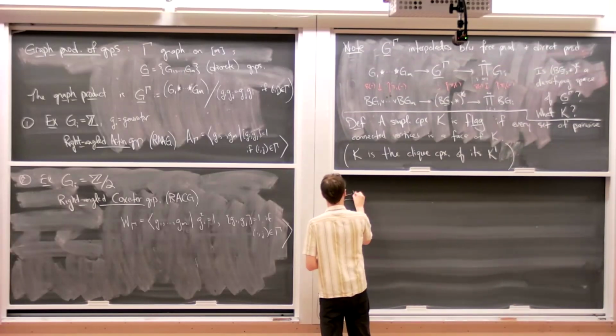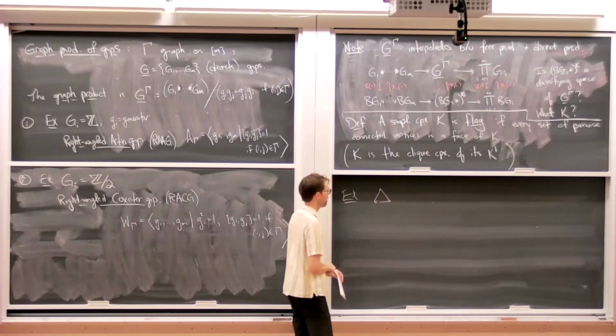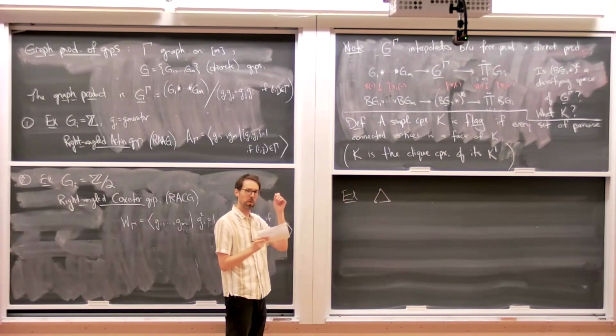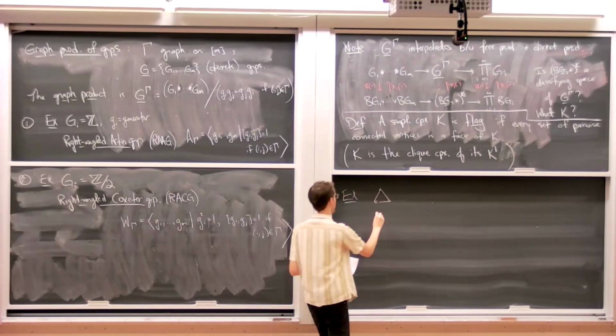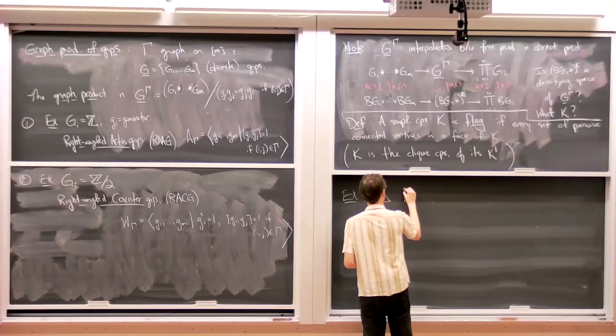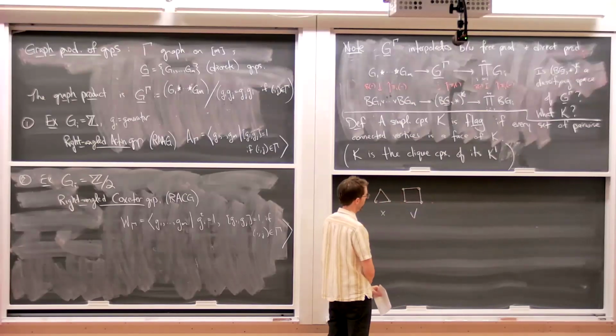Maybe examples, you know, the boundary of a two simplex. This is not flag, right? These three vertices are pairwise connected, but the interior is not present as a face. So this is not flag, but like next polygon, that is flag.